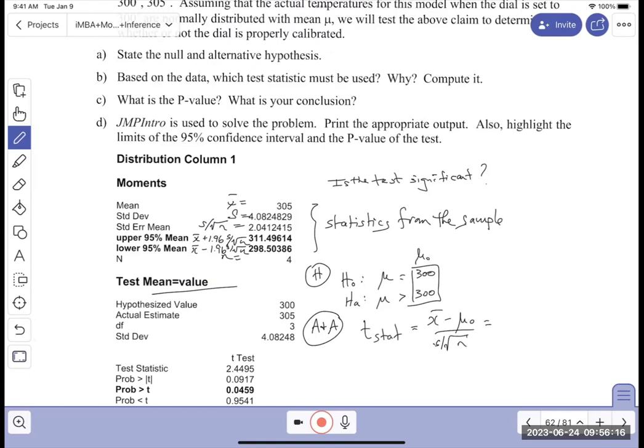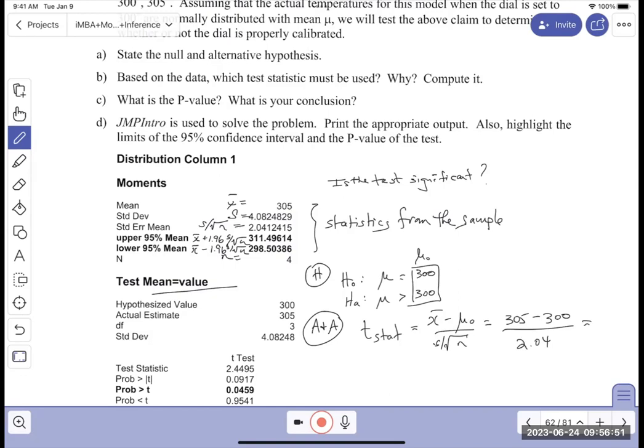X bar is 305, mu is 300, S over root N is 2.04. So X bar is 305 minus the hypothesized 300, so it's 5. The sample was 5 higher than the hypothesized. It's a matter of standardizing to see if we're far away in statistical terms. So then divide by 2.04.